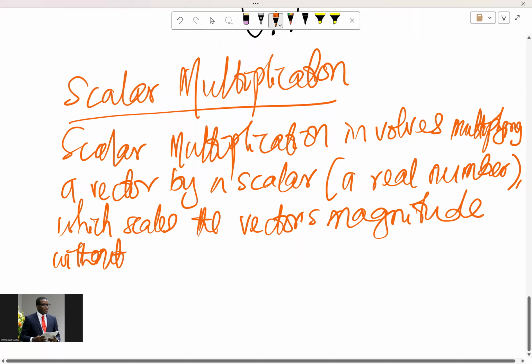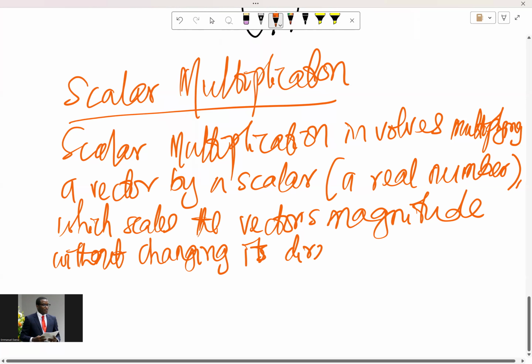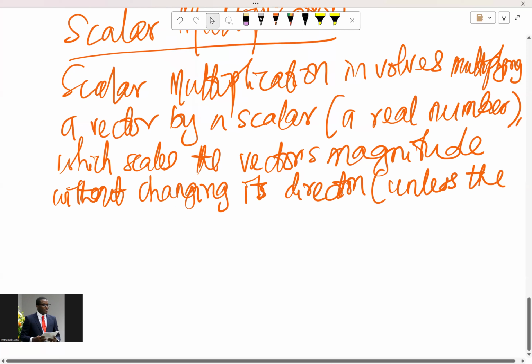It scales the vector's magnitude without changing its direction, unless the scalar is negative.